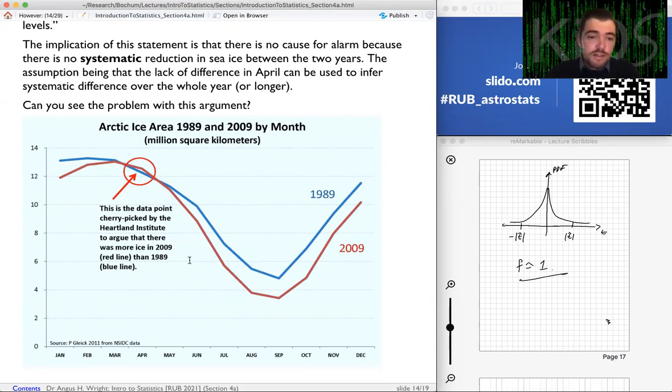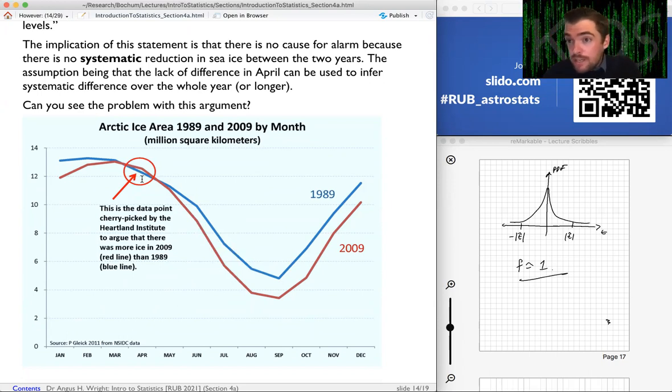If you were to take the mean of these two graphs, 2009 would be lower. If you were to take the median, it would be lower. If you were to take the modal difference between the two, it would be lower, right? There is no statistic that you could construct except for singling out that one data point that would give you the conclusion that they are interested in.